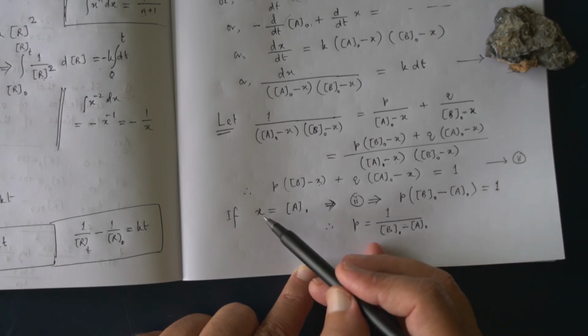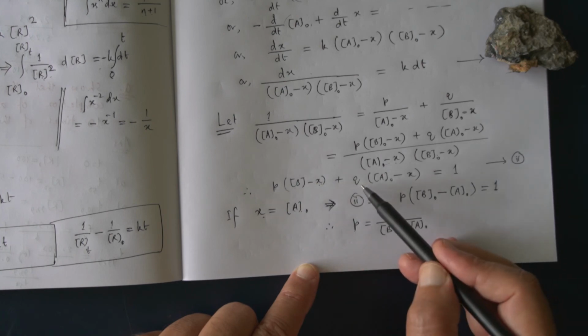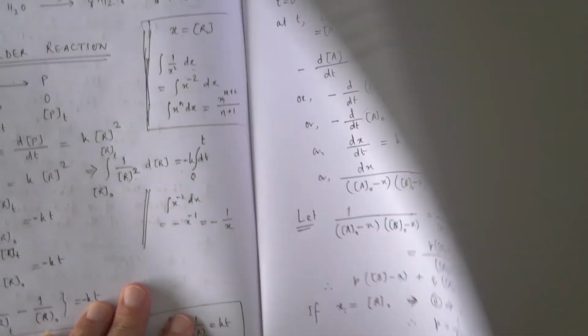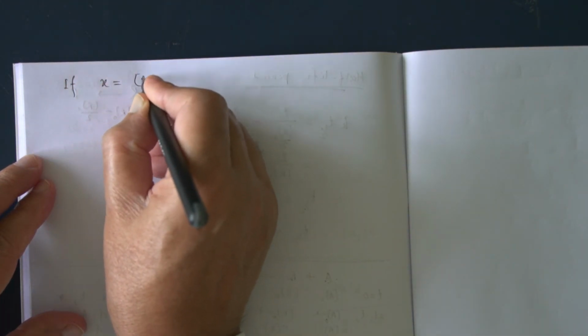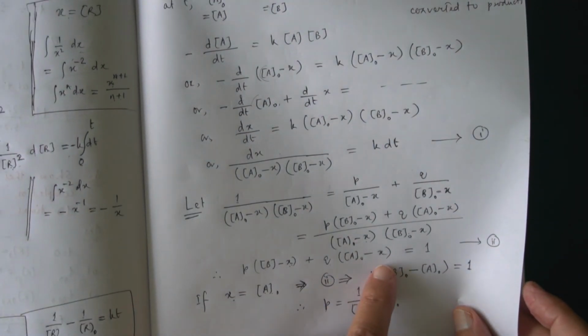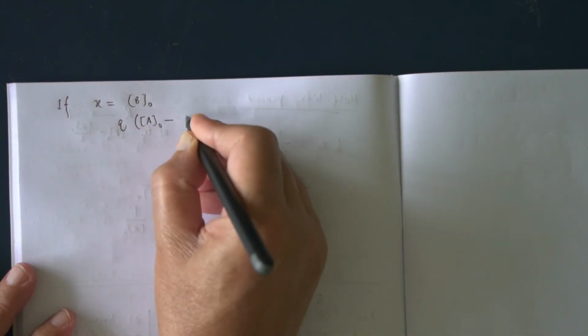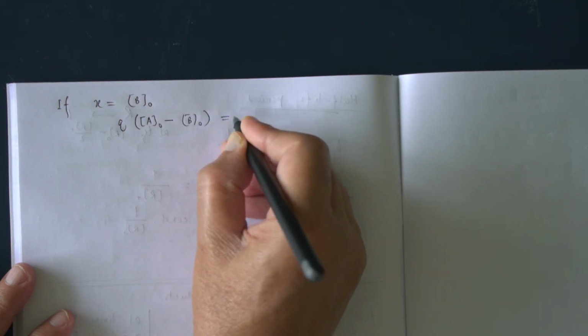Next, we put x equal to B naught. If we put x equal to B naught, then the p term will be 0, and we get Q into (A naught minus B naught) equal to 1.